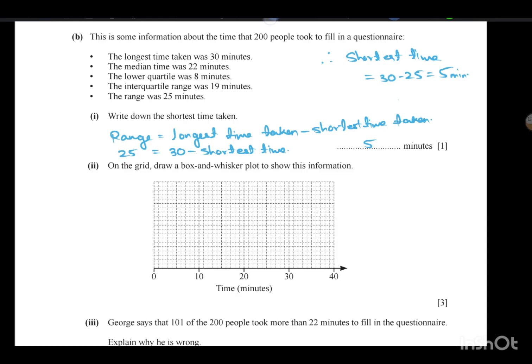Question number 2 now. On the grid, draw a box and whisker plot to show this information. Now here all the information is there except Q3, because we know the interquartile range is 19 and we know the lower quartile is 8. So we'll find out Q3 first. Q3 minus Q1 is equal to the interquartile range.